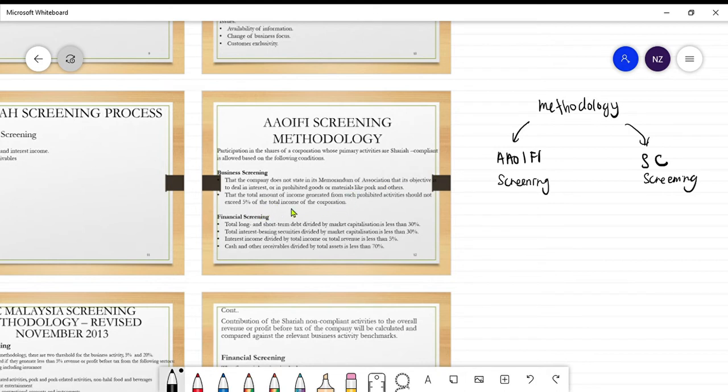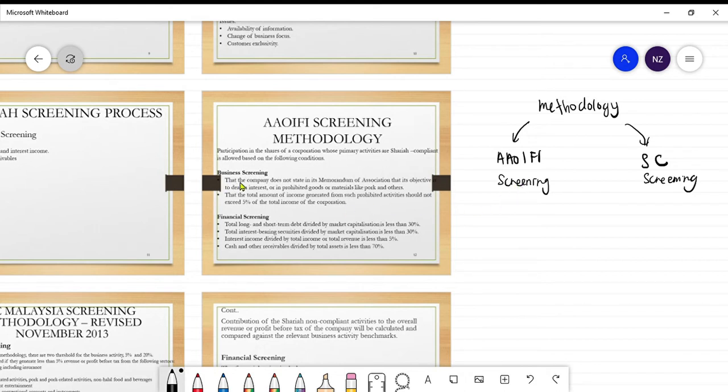So kalau lebih daripada 5%, dia tidak diterima, and kita mark it as a non-syariah compliant type of business activity. But if the income is less than 5%, so it's okay. They are still under syariah compliant business activity.